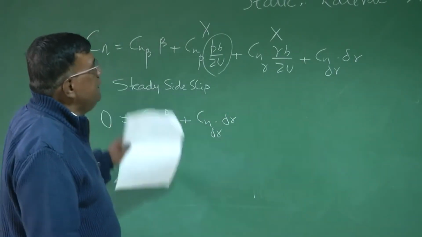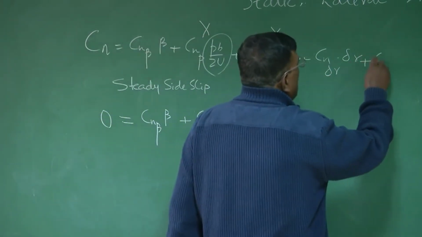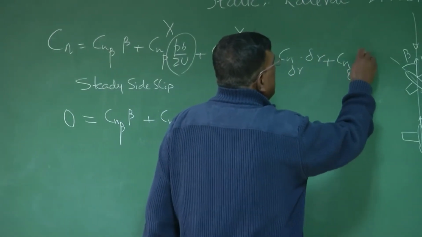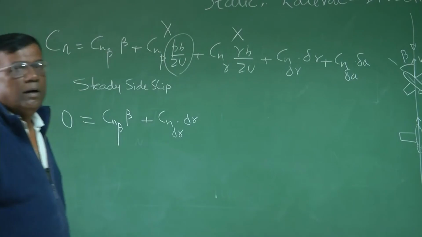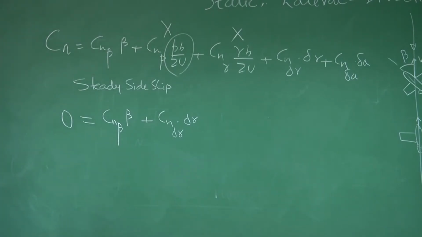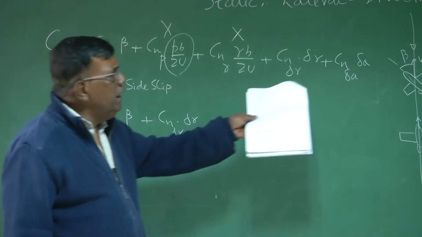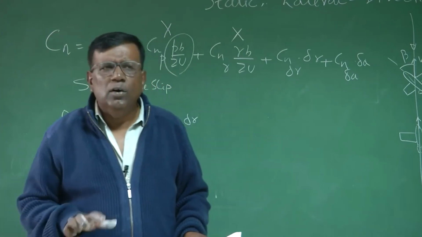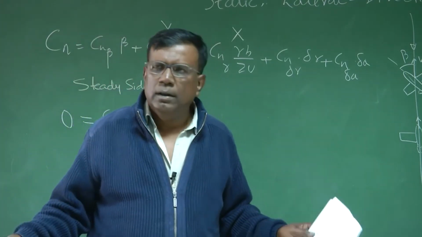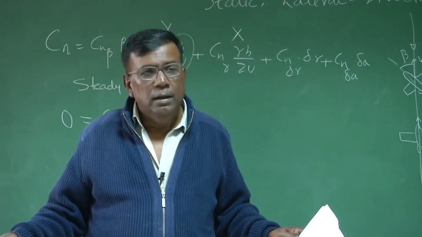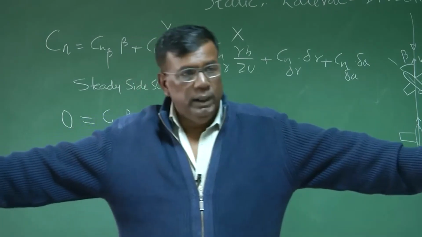Actually, when I expand Cn, you should also put Cn delta a into delta a. This is yaw moment because of aileron deflection, maybe smaller. How can there be yaw moment with aileron deflection? Say, imagine this is the wing, right?